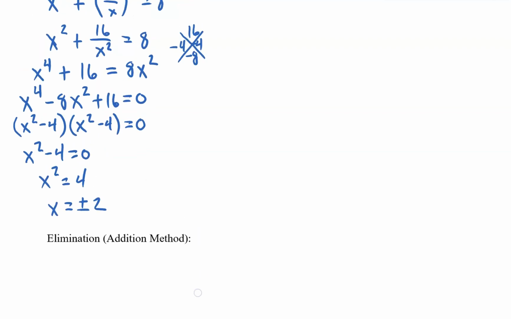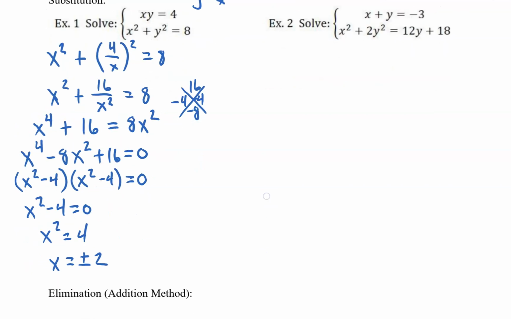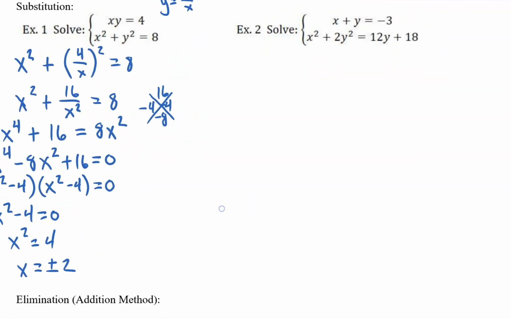So we have two solutions here because we have two x's. Now I need to go back up and solve for y. So I would plug back in to the y equation to get an answer to this one, to solve it out. That would mean then that y is equal to 4 over 2, so that would be 2, and y would equal 4 over negative 2, which would be negative 2.